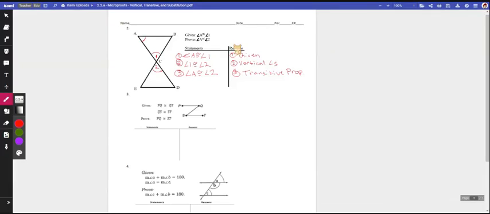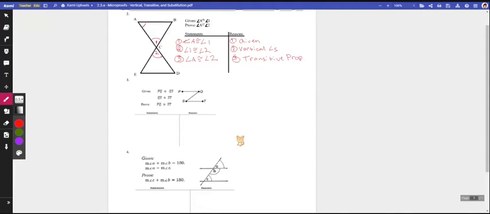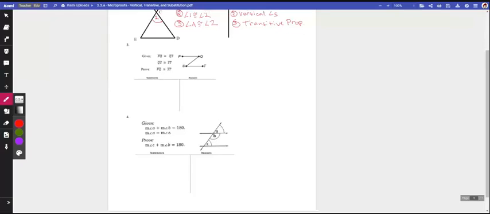But this is the one that you really need. So you can go ahead and get started on your worksheet. You don't need to watch the other two examples if you're already comfortable with proofs, if this first proof was easy for you to understand. But I'm going to go over the other two just so you have them in case you need it. So feel free to keep watching if you had trouble following that proof.